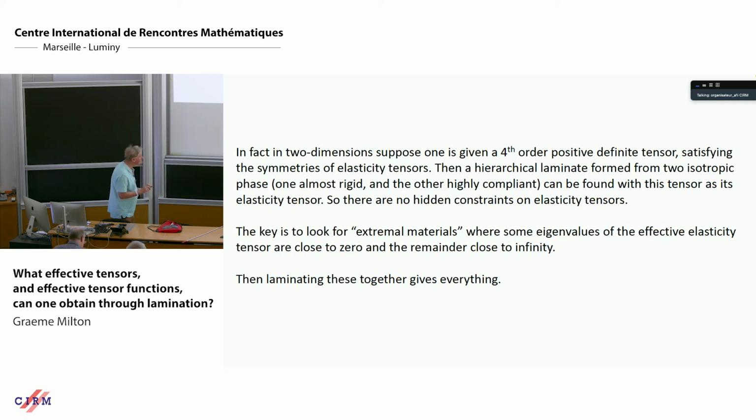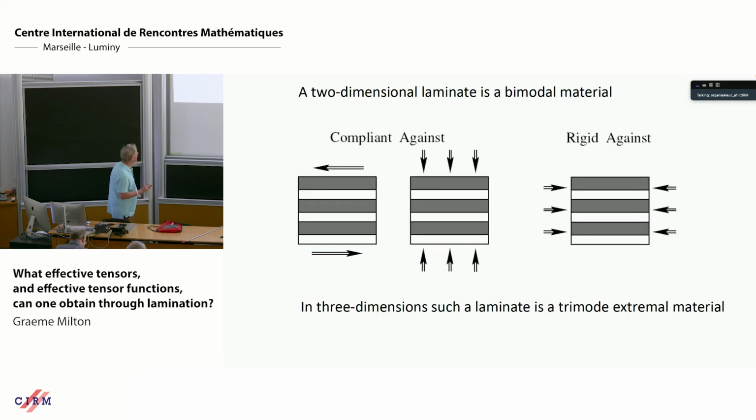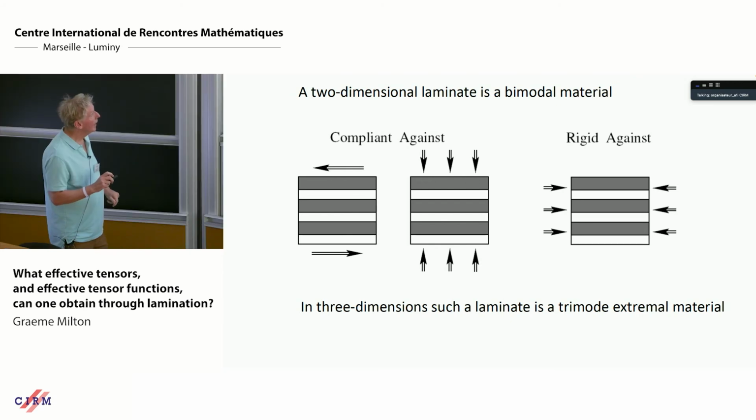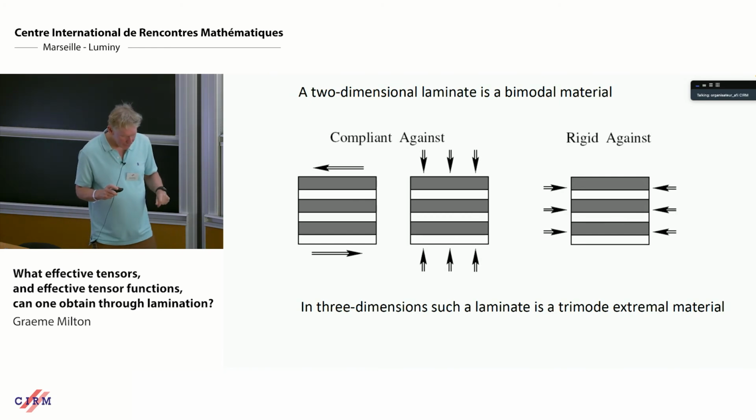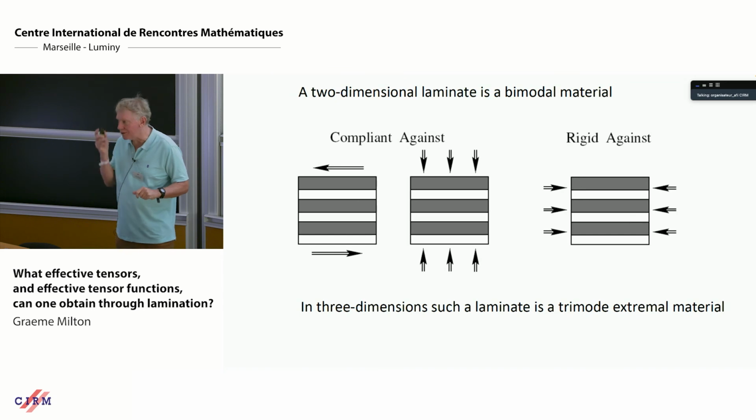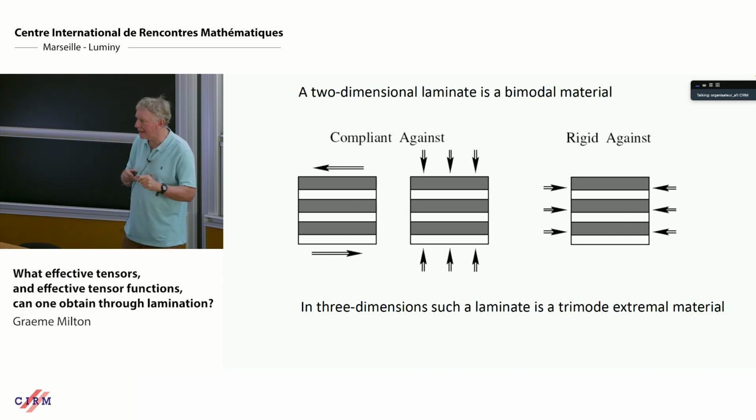But the answer to that is yes again. And the key point is to identify what we call extremal materials. This is joint work with Andrei Shikaev. Extremal materials are those where the elasticity tensor has eigenvalues close to 0 or close to infinity.